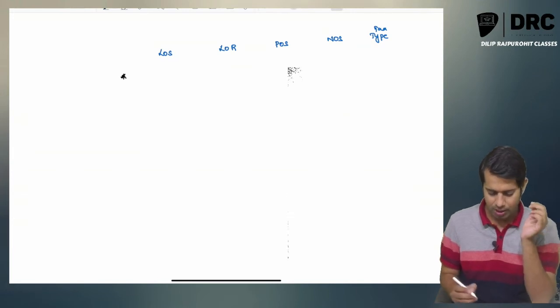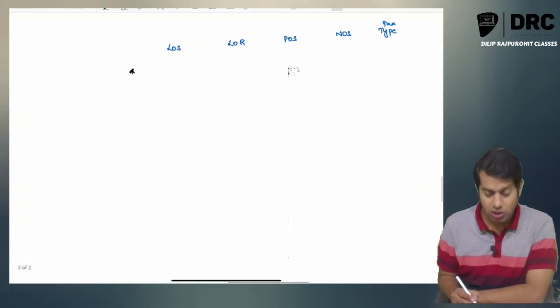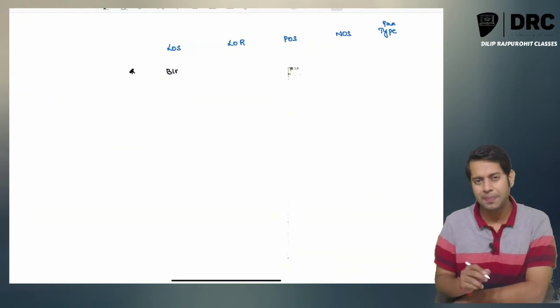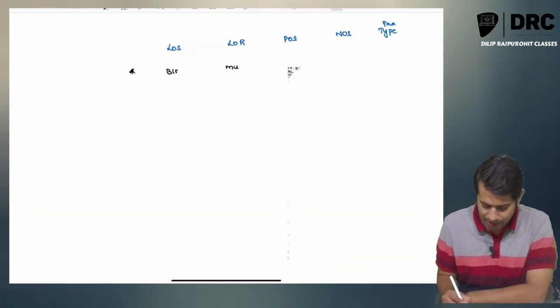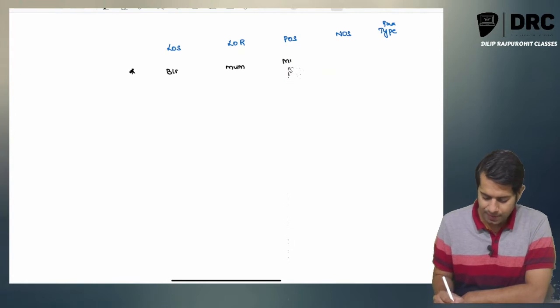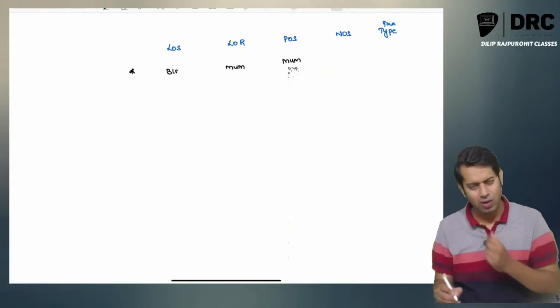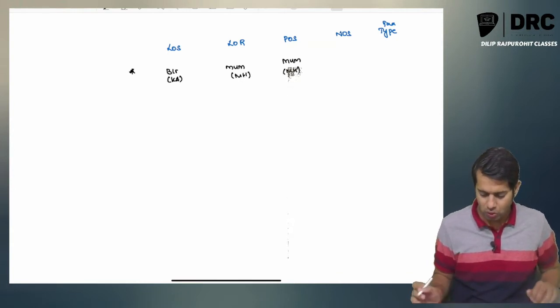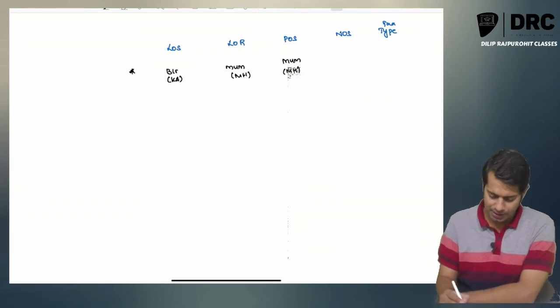Now point number 1. The supplier is located in Bangalore, the recipient is located in Mumbai, and the place of supply is also in Mumbai. Bangalore is in Karnataka, Mumbai is in Maharashtra. Now, what is the nature of this particular supply?